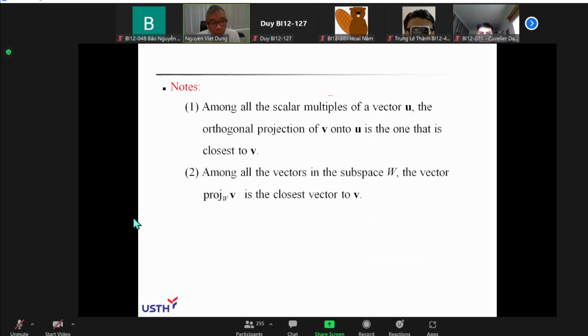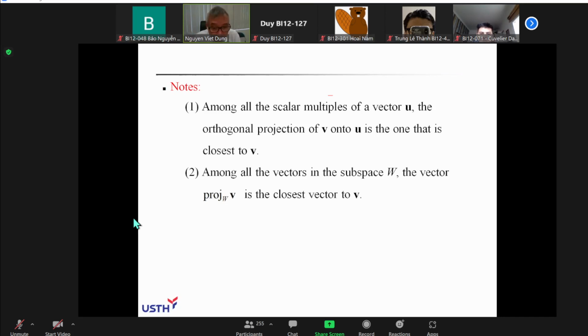And then I have two remarks here. The same inequality, but you can explain it in words by two remarks like that. It means that among all scalar multiples of a vector u, the orthogonal projection of v onto u is the one that is the closest to v.